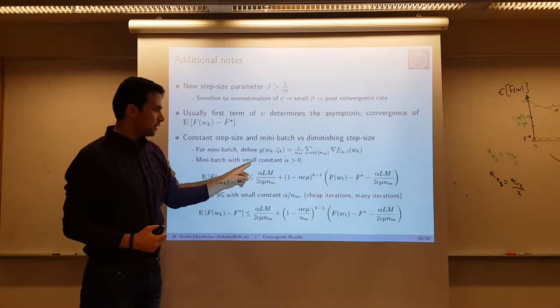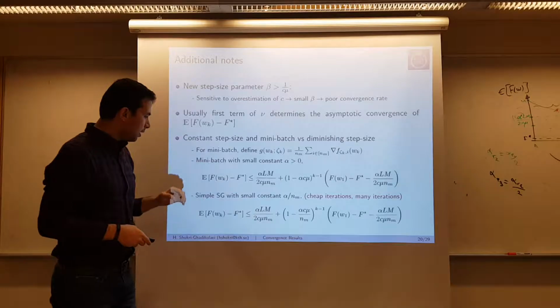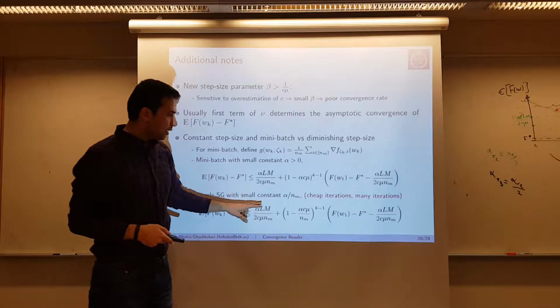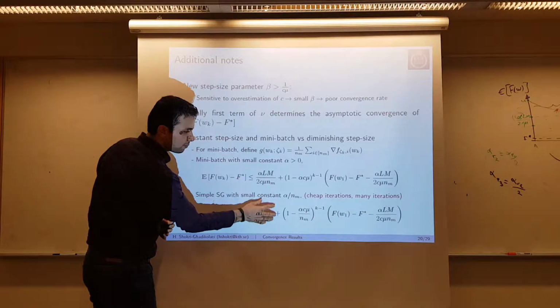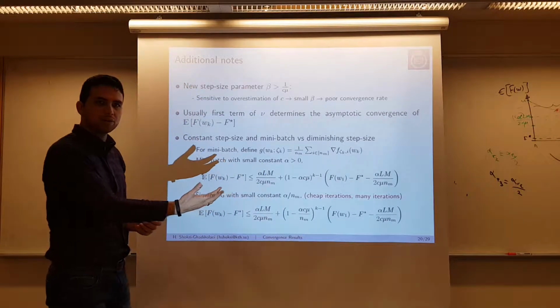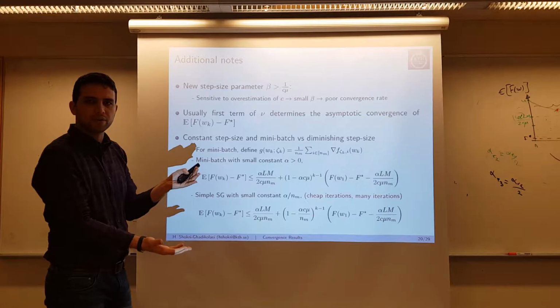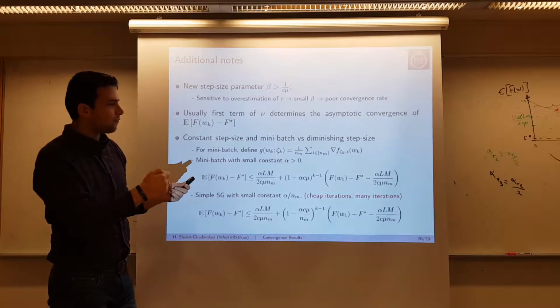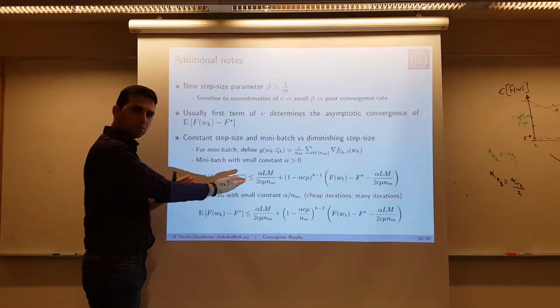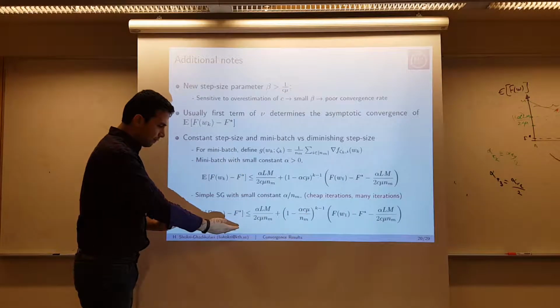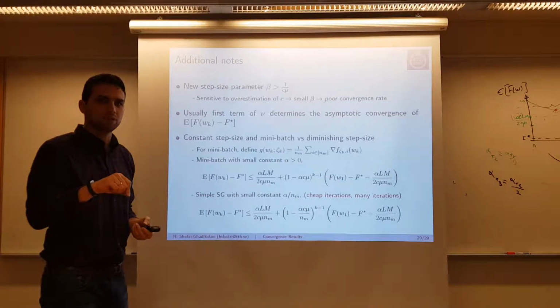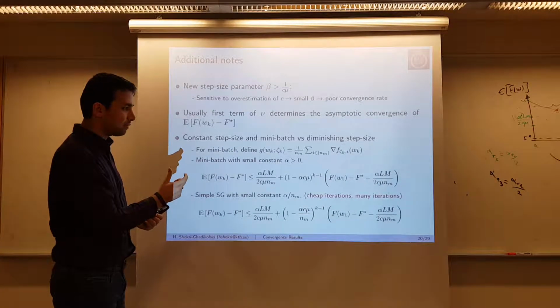And constant small step size alpha. Now with simple stochastic gradient, to make this a fair comparison, we make the asymptotic error terms identical. We just want to compare how fast mini batch can go to the optimal solution and how fast simple stochastic gradient can go to the same solution, with the same bound on the error.